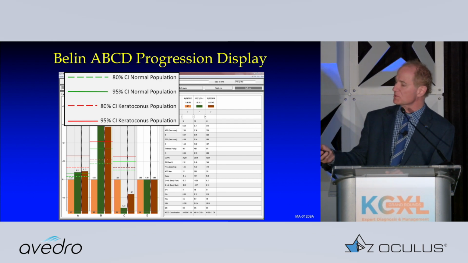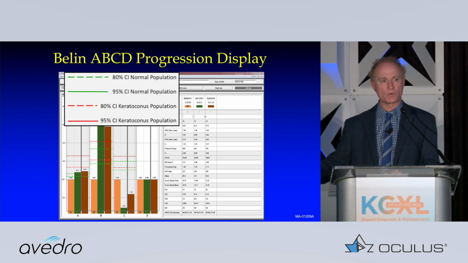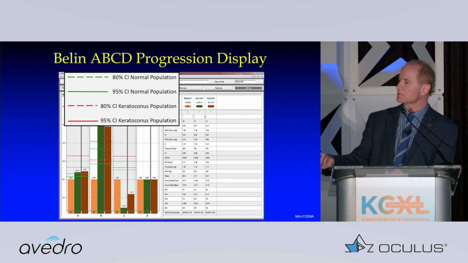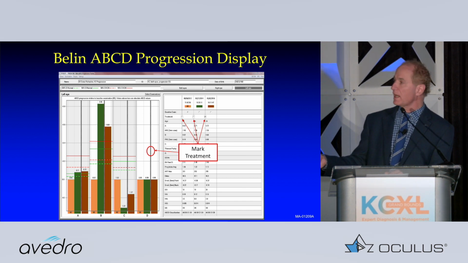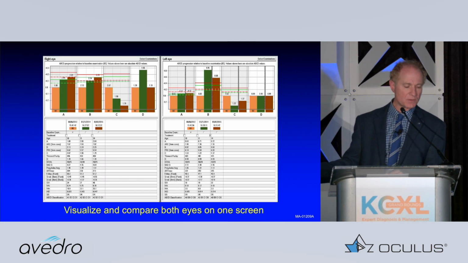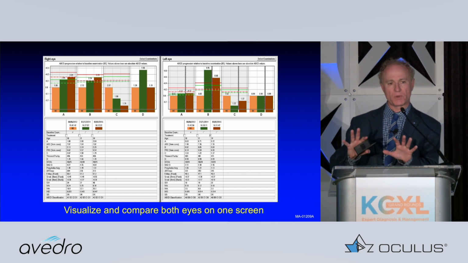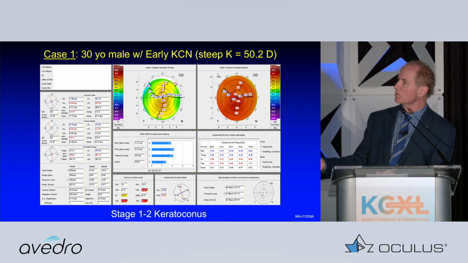And those confidence intervals give you more of a sense of, okay, we're exceeding what looks like normal and really moving into keratoconus, and that helps us to really show progression and show that it's the type of thing that indicates disease. You can also mark in this graph where the treatment is actually made. So you could say, well, here's where the progression was advancing, and then we did a treatment, and we can follow what's happening after the treatment. And so you can actually map it out so you have both the right and the left eye on a single screen to do quick screening and review of it.